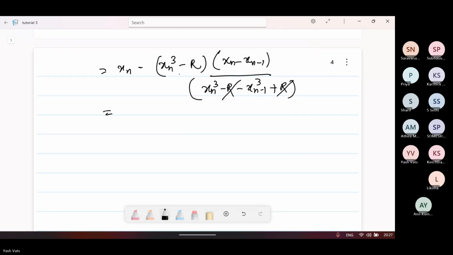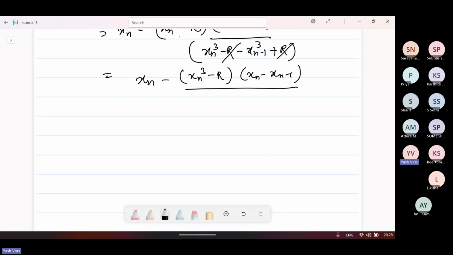So here we have x n minus x n cube minus r. So can you open a cube minus b cube? You know that? Is it that? Is it right?